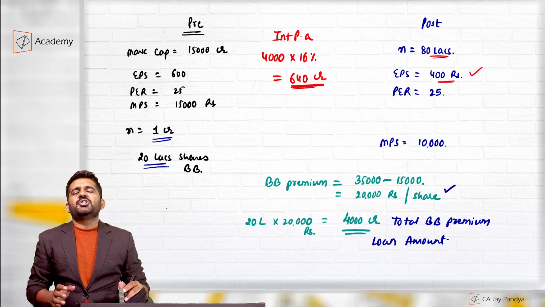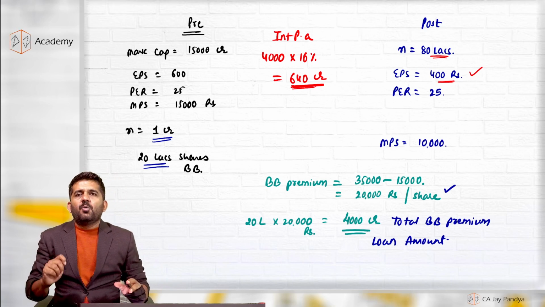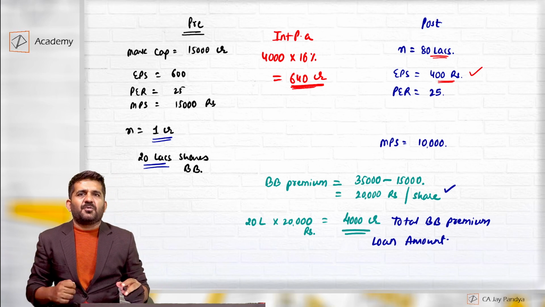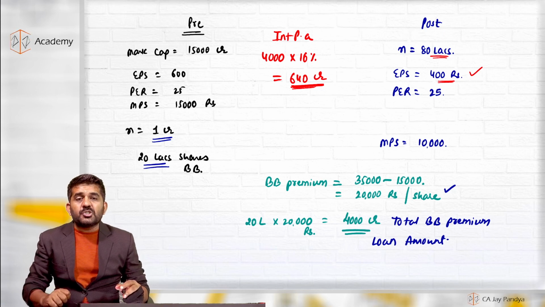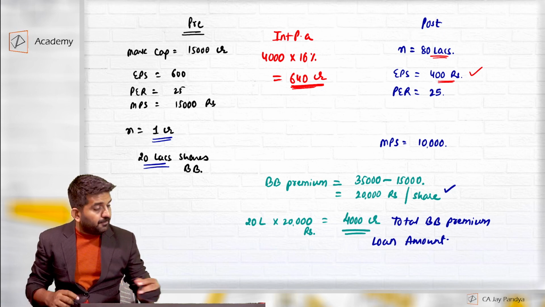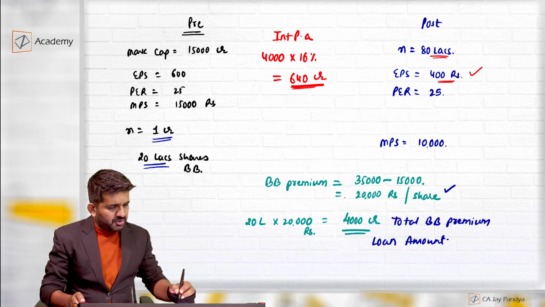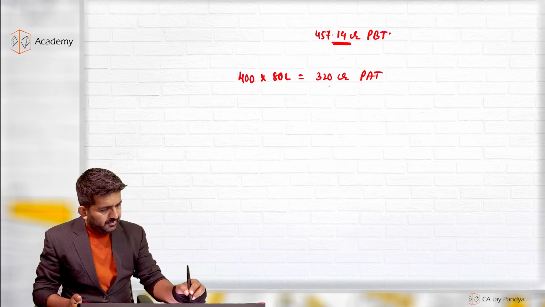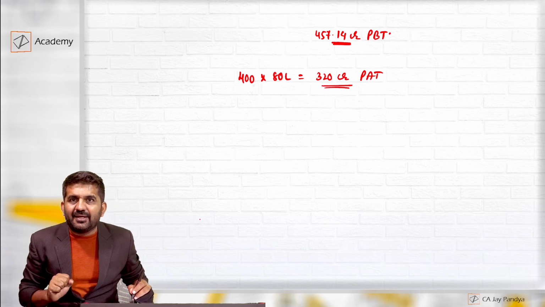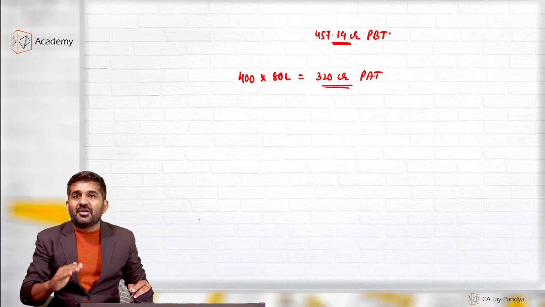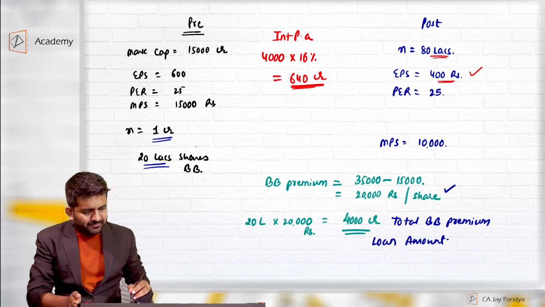But the question is not clear whether we need to calculate interest for 1 month, 1 year, 6 months. It is not clear. Post market price of the share, post EPS. See, what is the post EPS? It is 320 crores immediately after buyback. What is the earnings before buyback?